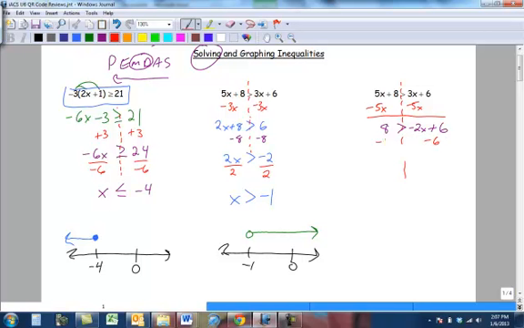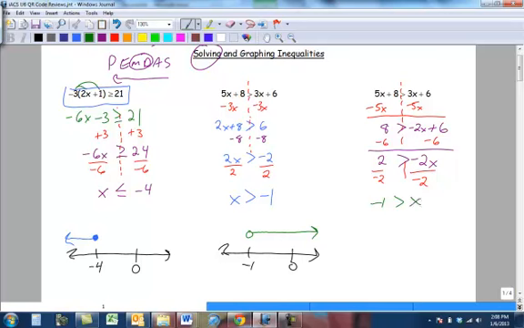Subtract 6 from both sides, and we would have 2 is greater than -2x. Divide by -2. And we get 2 divided by -2 is -1 greater than x, if we don't switch the symbol.